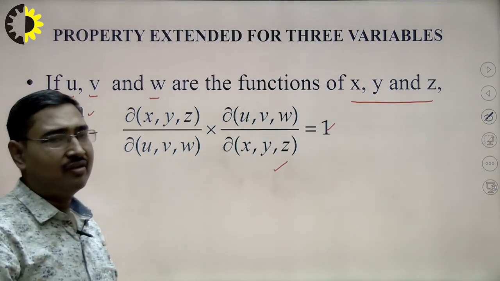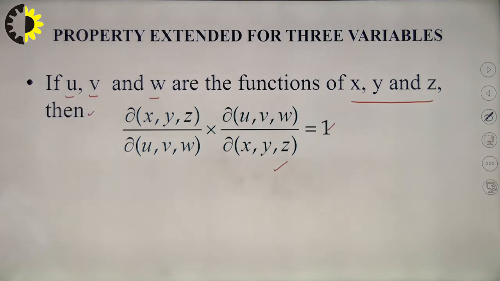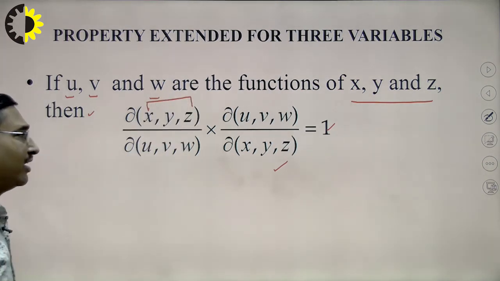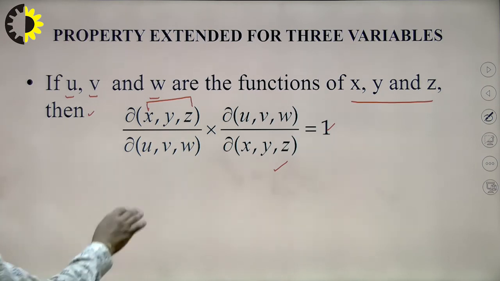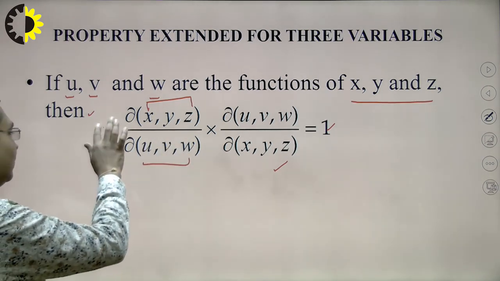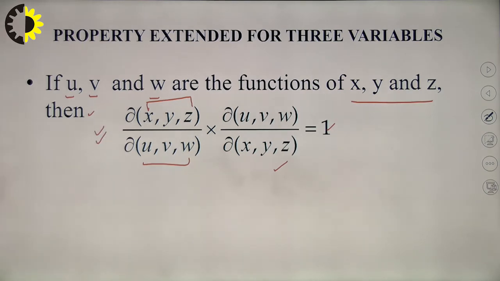Suppose I have some relations involving u, v, w and x, y, z. In fact, 3 variables and 3 functions are there, so I assume 3 relations are there. Somehow I express x, y and z in terms of u, v and w only. Then I can calculate this Jacobian del x, y, z over del u, v, w.